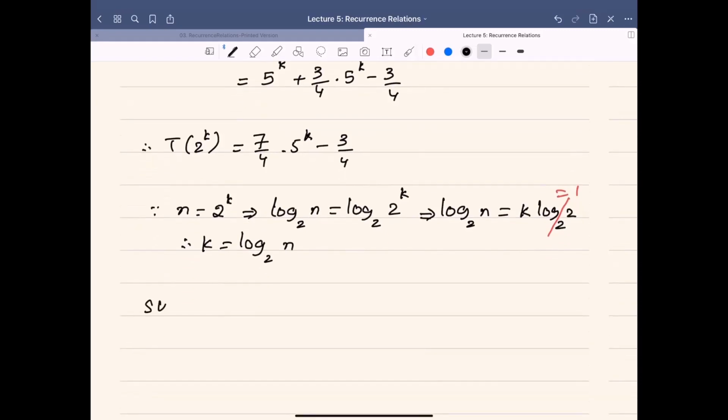Substitute. What we will get? We already know that 2 to the power k is n, so we have Tn. When I say substitute, it means substitute here, which is equal to 7 over 4 times 5 raised to power log base 2 of n, minus 3 over 4.